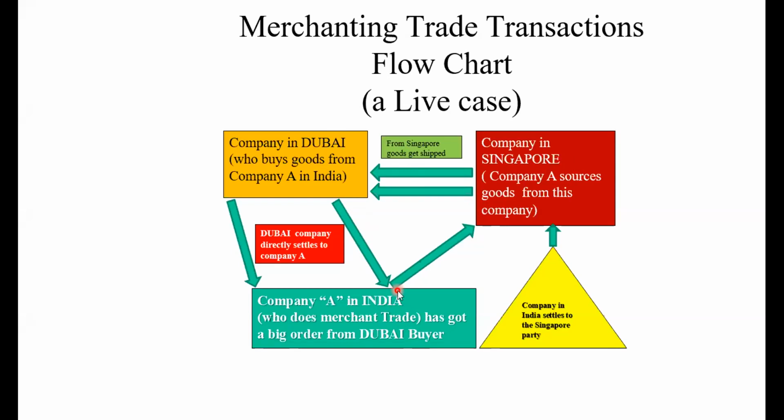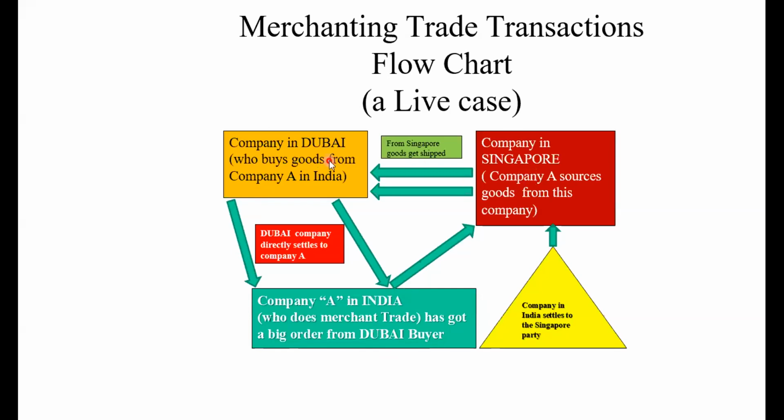If you are remitting after receiving the forex, that is a positive scenario. Now, even before receipt of dollar from Dubai, our Indian exporter is settling to his Singapore man. That is known as a negative situation. The negative situation should not exceed 4 months. Keep in mind, 9 months overall, and 4 months for the negative situation.